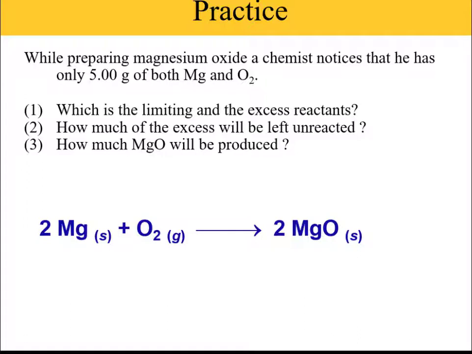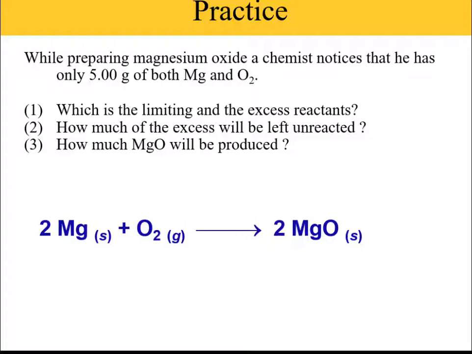Let us assume that we are provided with 5 grams each of the reactants. Once we're provided with those amounts, we need to convert those into moles in order to determine the amount of product produced. However, we do know that these quantities may not be exact.